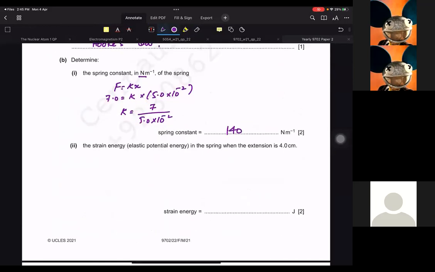So instead, if I were you, I'd use half kx squared. That is much easier because you already have found this. Or, if you still like, you can use half force times x, but that's up to you. If you haven't been able to do the first part, then you should definitely stick to this one. And 4 centimeters means I have to change it into meters and square it like that.